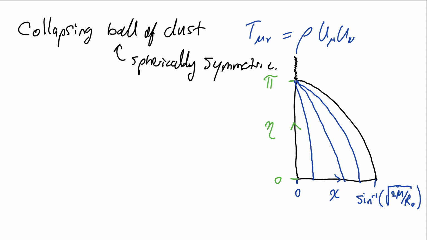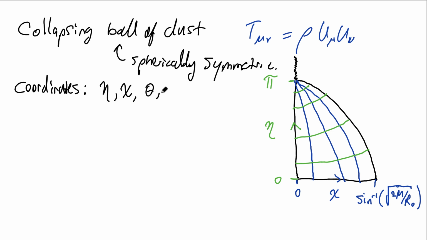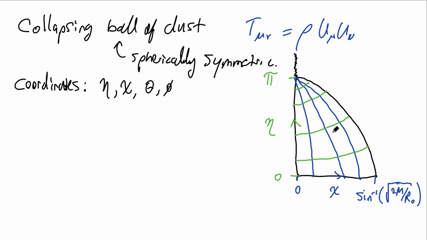And the surfaces of constant eta, this is eta=0, and those surfaces look something like this. So the coordinates are eta, chi, theta, and phi. Remember, each point in this diagram is a two-dimensional sphere with coordinates theta and phi.